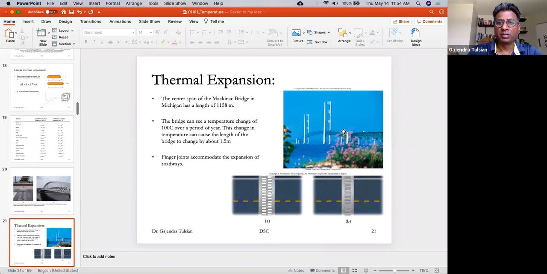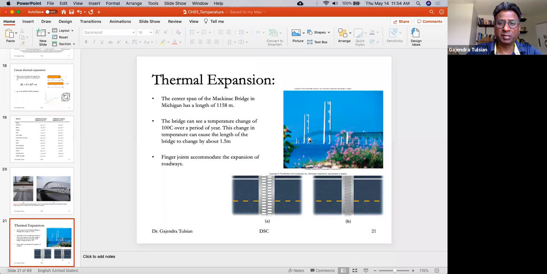Here's a bridge in Michigan, and it's a kilometer long. The center span of the Mackinac Bridge in Michigan has a length of 1.1 kilometers, and it sees a temperature change of 100 degrees Celsius over a year, from the dead of the winter to the heart of the summer.